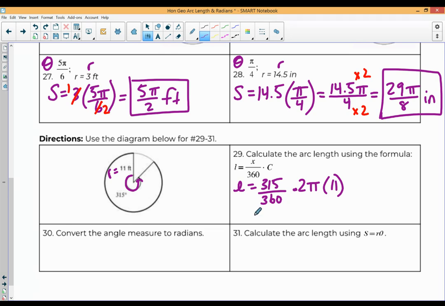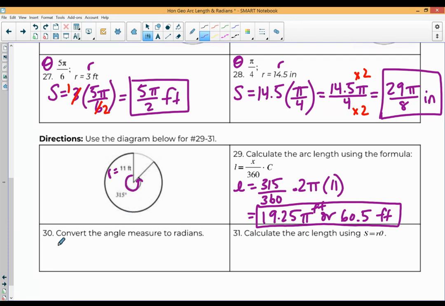So that'll be 19.25 pi, or 60.5 feet. Sorry, that's also feet. All right, so here I kept pi in, and here I multiplied by the pi.